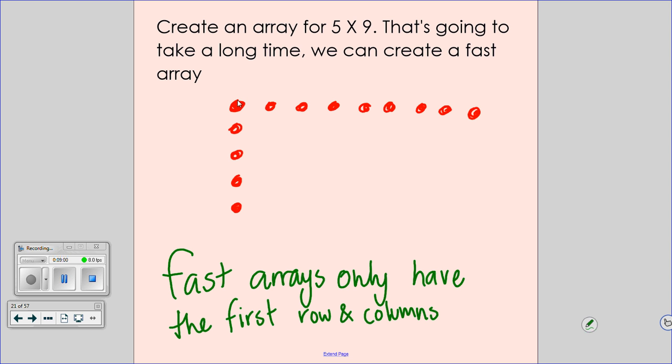They only have that first row or first set of columns. So go ahead and draw your fast array in your notebook and label it with the equation that you did. So we were working on a 5 by 9, 5 times 9.